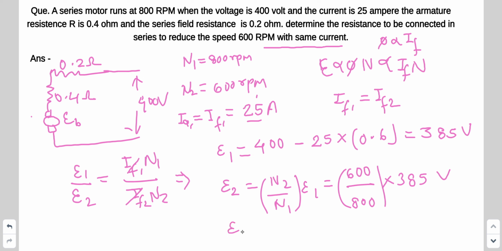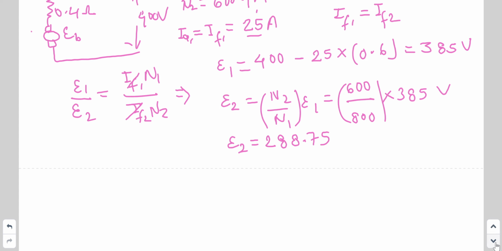So our answer will be E2 equal to 288.75 volt.